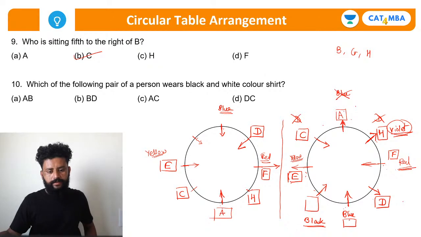You can have B sitting here and G sitting here. B here and G sitting.